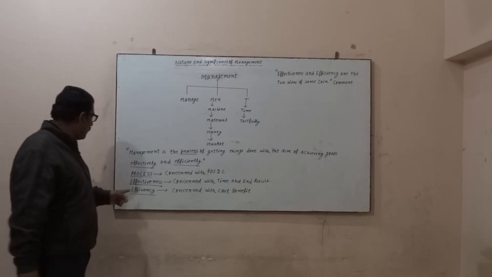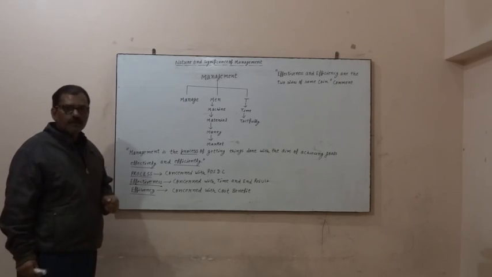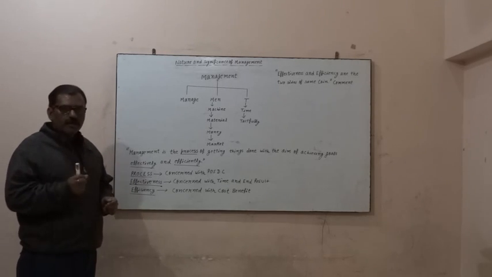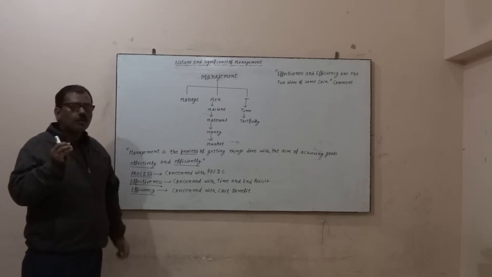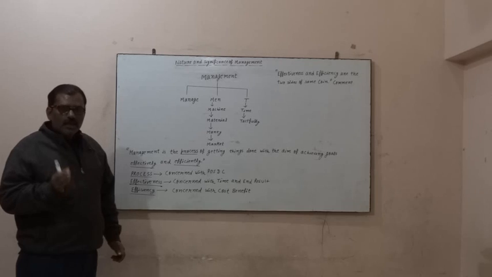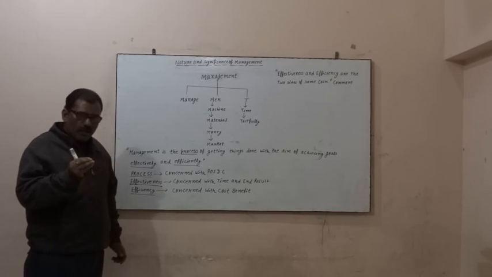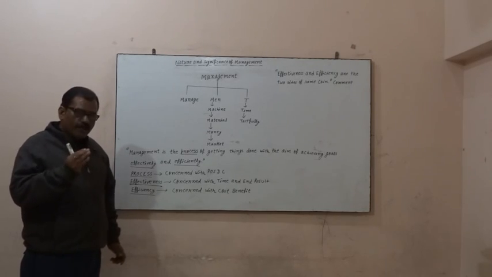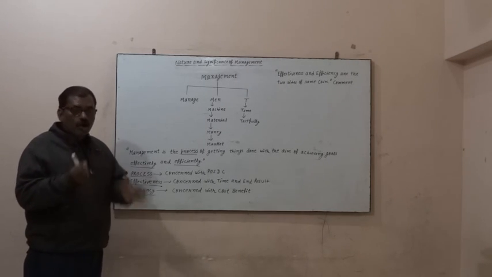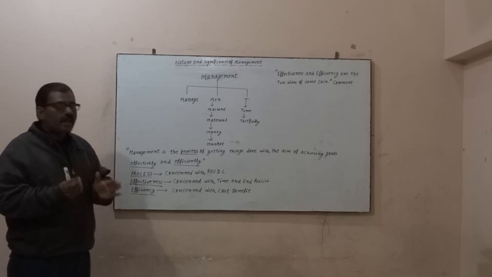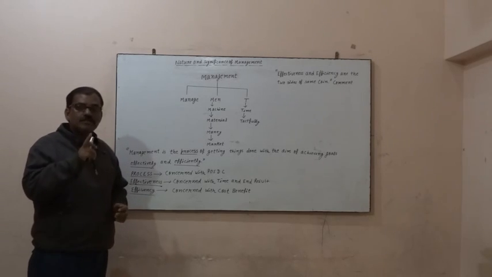And while explaining efficiency in examination, you will write there that it is related to cost benefit only. If a manager is able to achieve his target with minimum input or with available resources, then we will say that that manager is efficient.